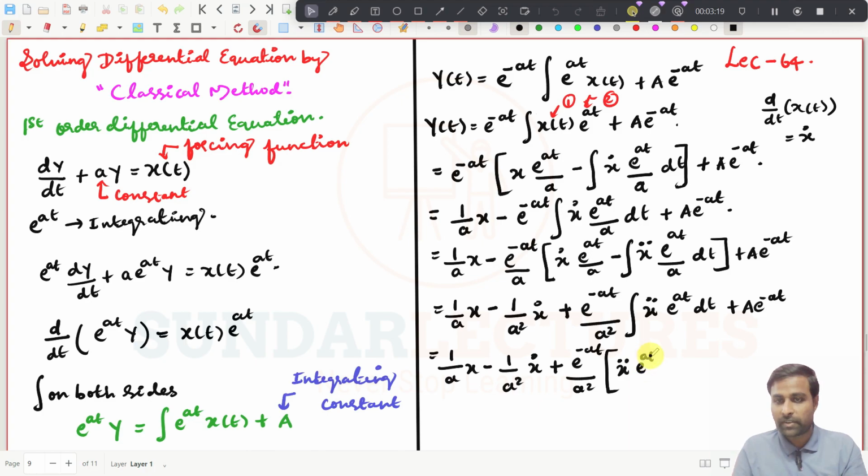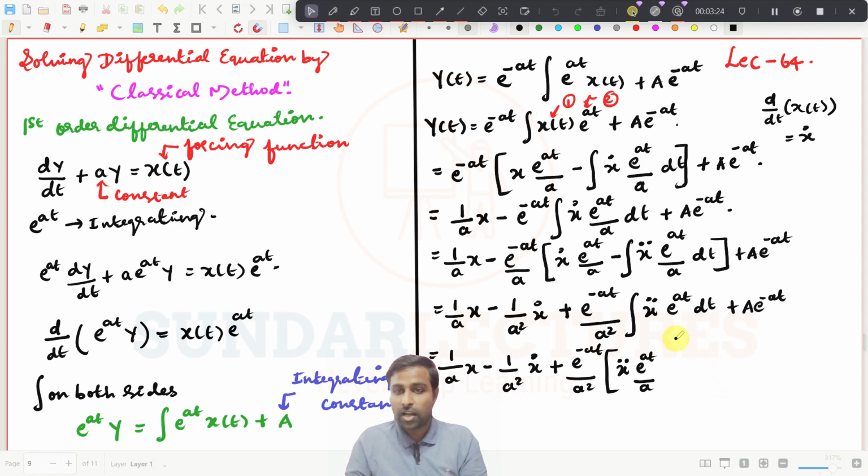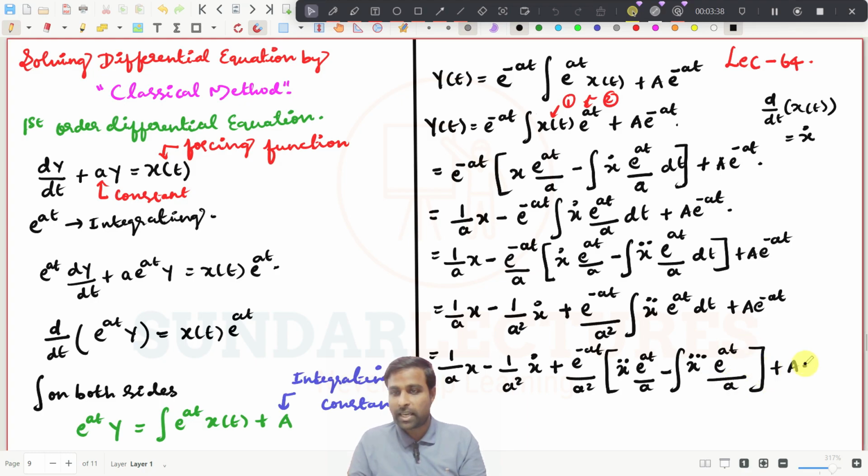It will be e power at by a. I just bring this to this side. So now I have to put minus integration of, I need to differentiate this, so it will be x triple dot. I need to integrate this, so it will be e power at divided by a, and now plus a e power minus at. So this term, I will go to the next page, as I need space.